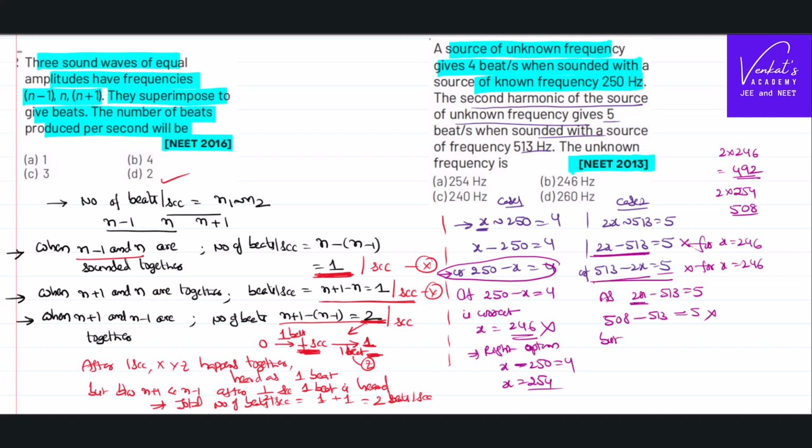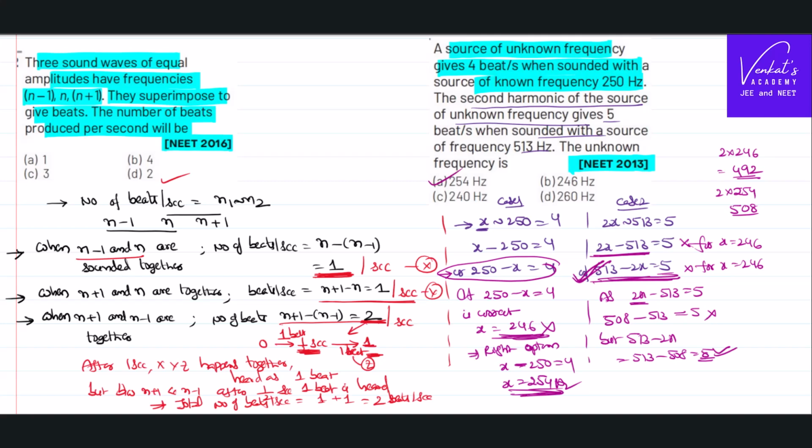But look at this second option. 513 minus 2x means 513 minus 508, that is equal to 5, which is the right option. So the right option is possible only when x is 254. All options are wrong when x equals 246. So the right answer for x is obviously 254 Hz.